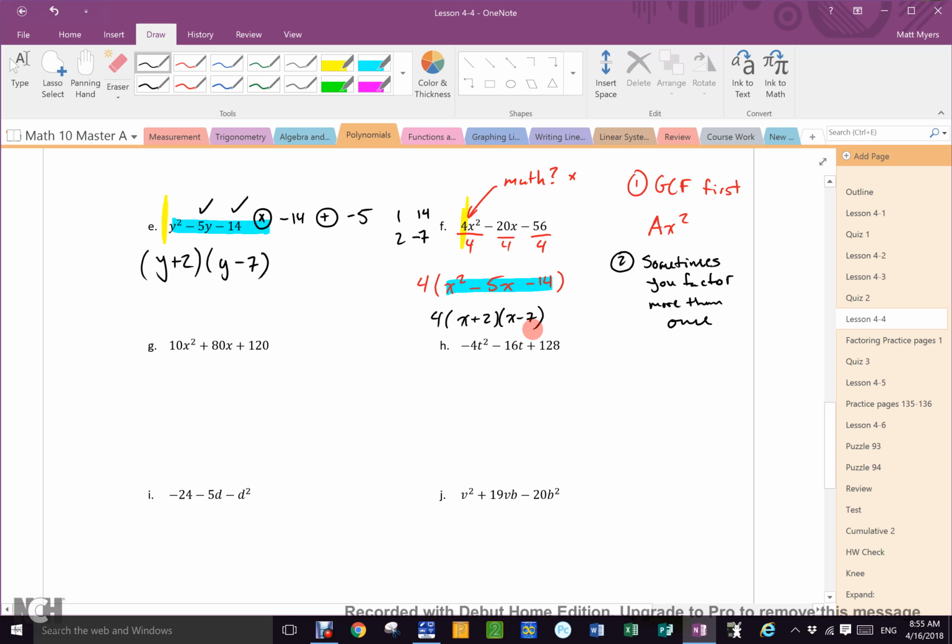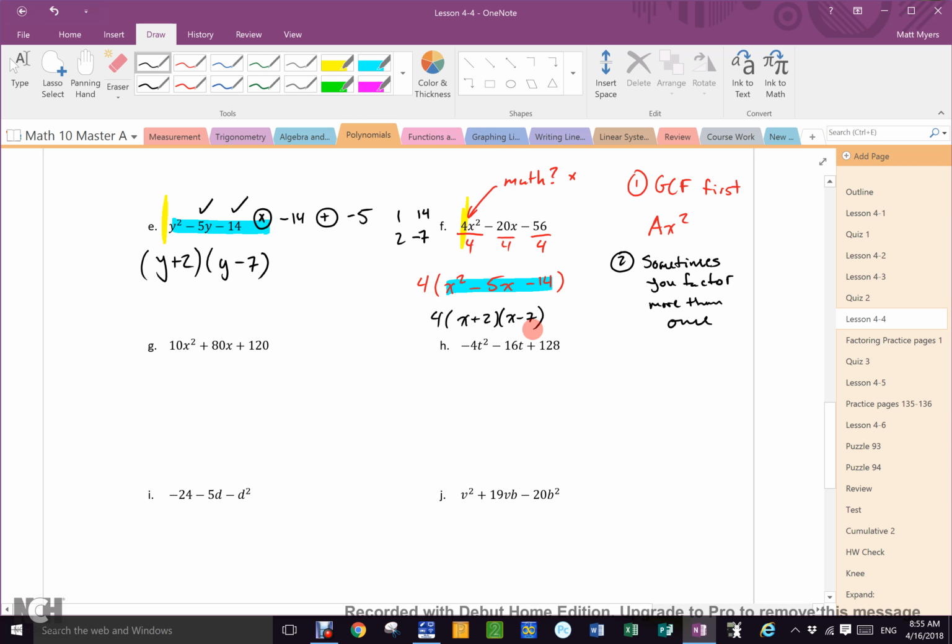What would you be looking for? Numbers that multiply to what? What kind of 20? Negative 20, and add to what? Positive 19. Is it 1 and 20? Yeah, right? So we know it's going to be 1 and 20.